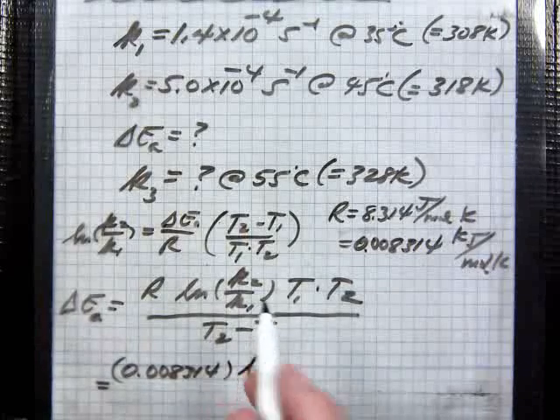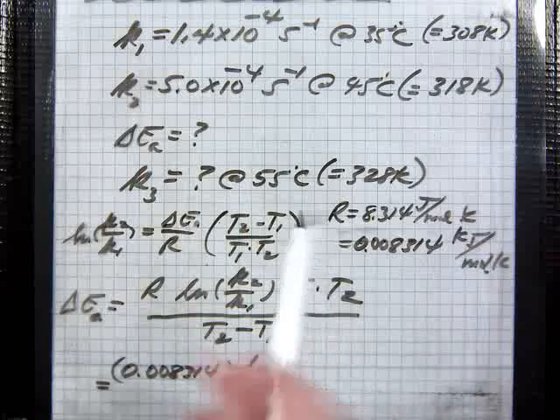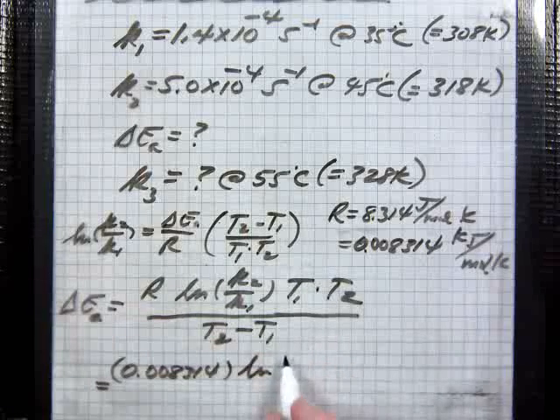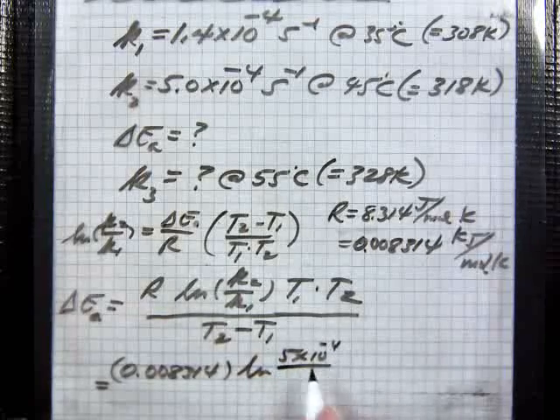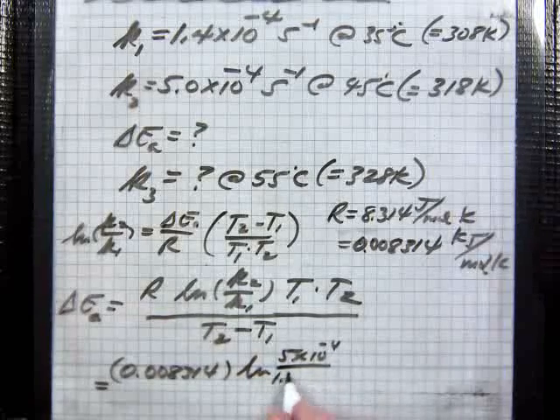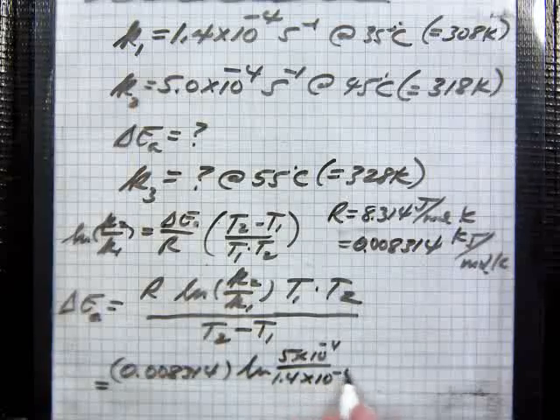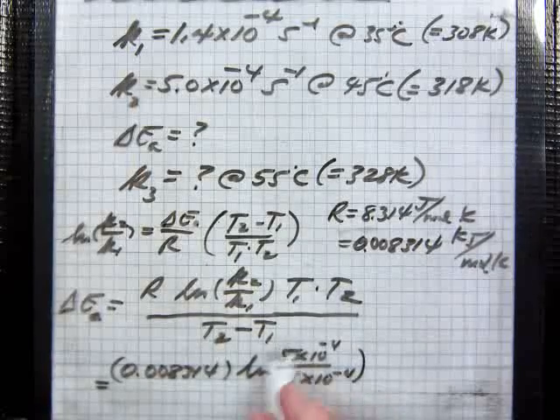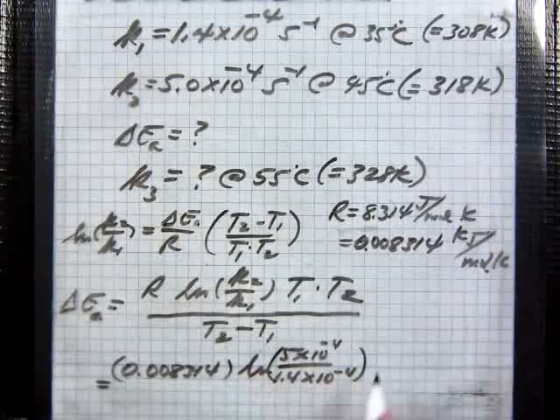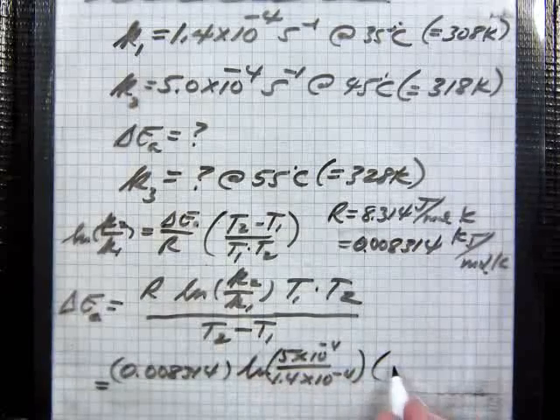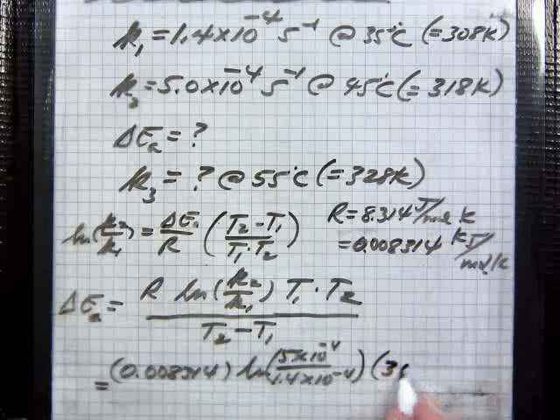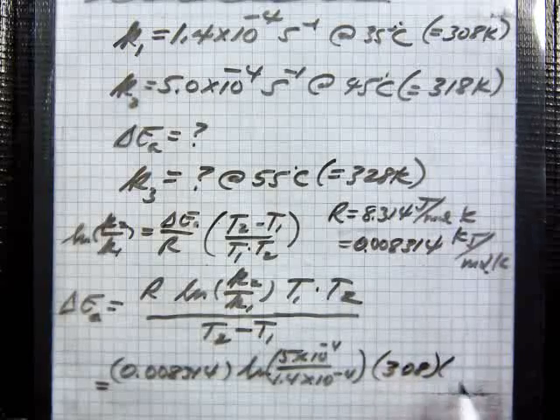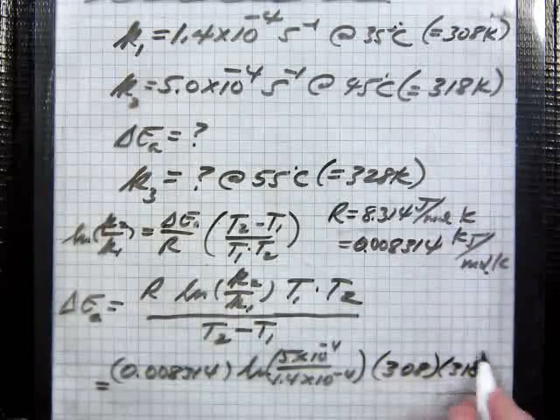And then K2 over K1, so K2 is 5 times 10 to the minus 4 over 1.4 times 10 to the minus 4. That's convenient because that will cancel out. And then T2 times T1, 308 Kelvin times 318 Kelvin.